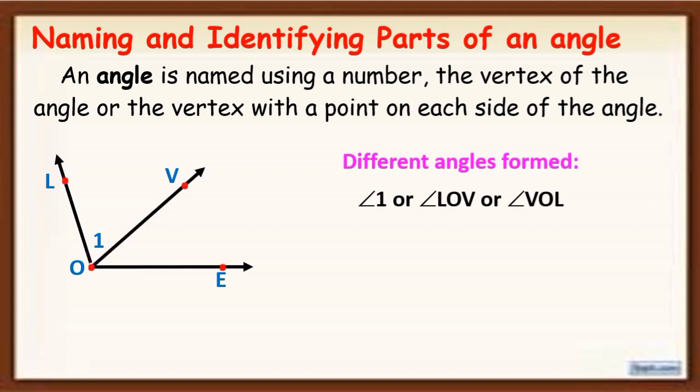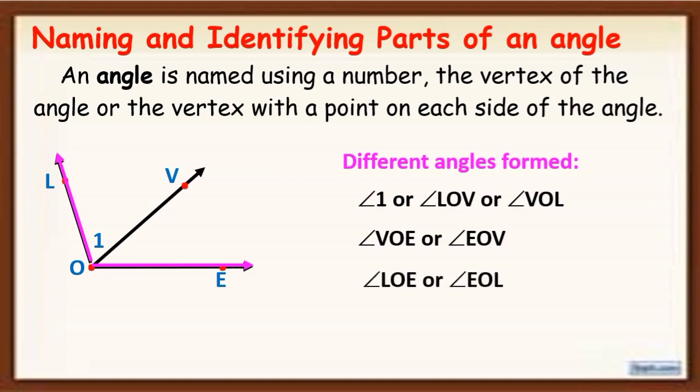And the next angle is this angle, which you can name as angle VOE or angle EOV. And the other angle that can be formed in this figure is this one, which is the angle LOE or pwede mo rin siyang tawaging angle EOL.